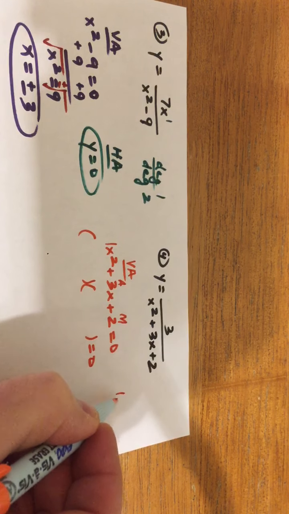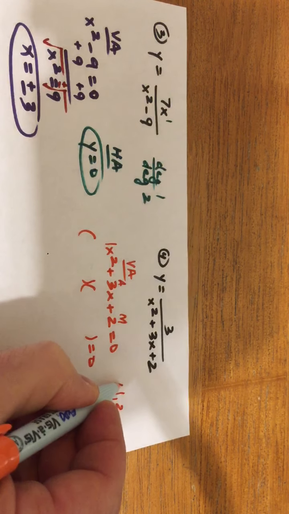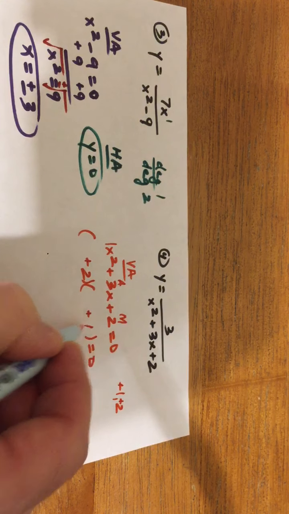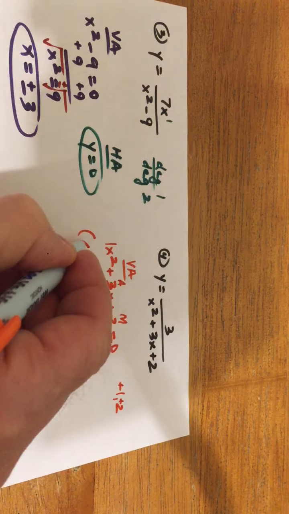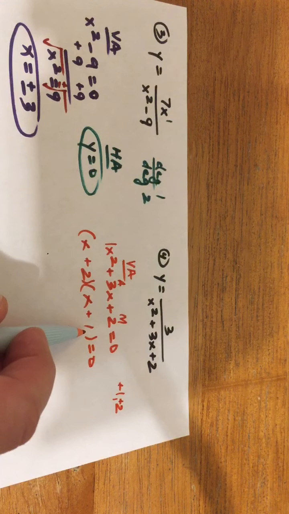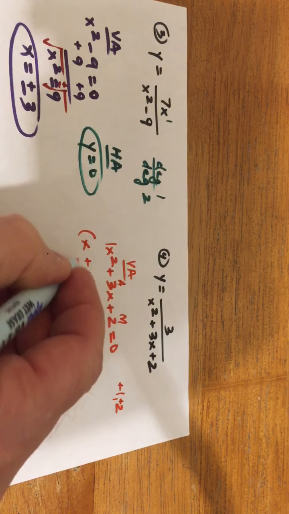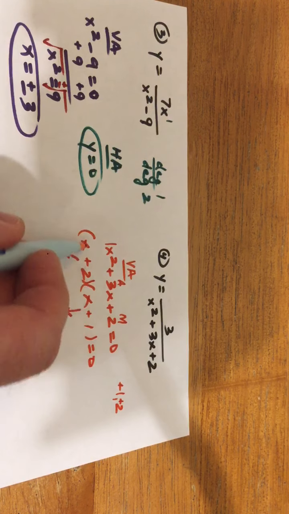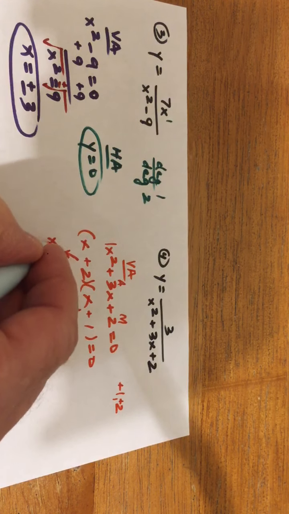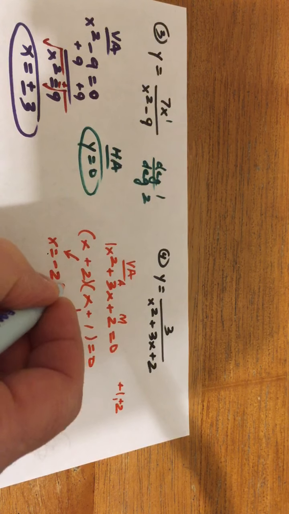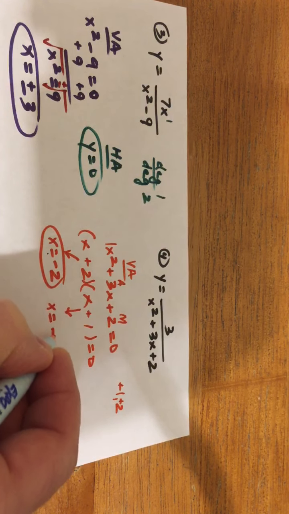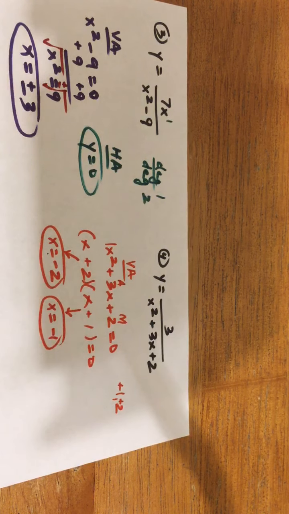Well, that would be 1 and 2. So we can take our numbers here, put them in there, and so we're going to get x plus 1, x plus 2 as our two linear factors. Let's go ahead and now solve this. Well, here we can just switch the sign, x equals negative 2. So that would be one vertical asymptote. X equals negative 1 is the second vertical asymptote.